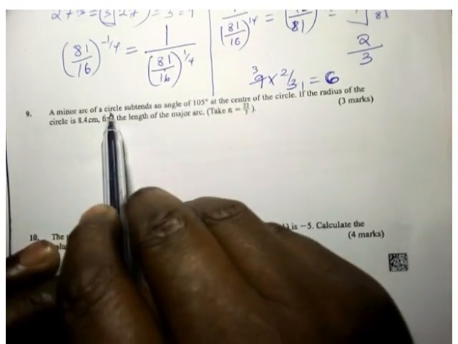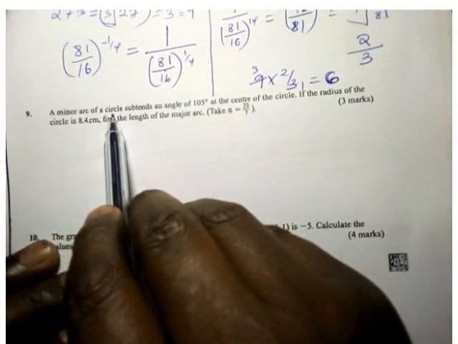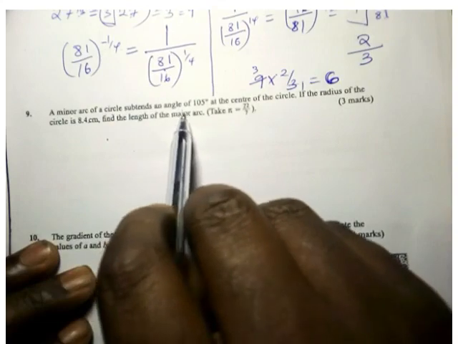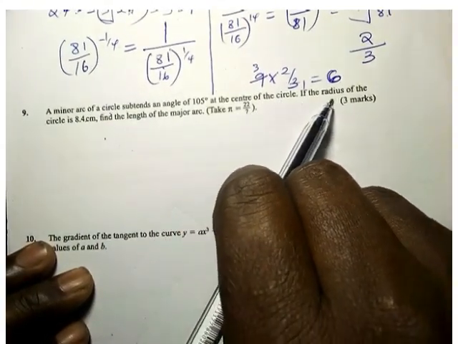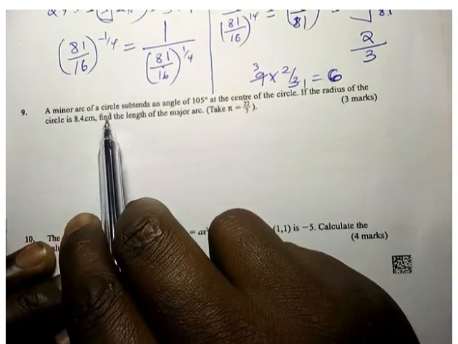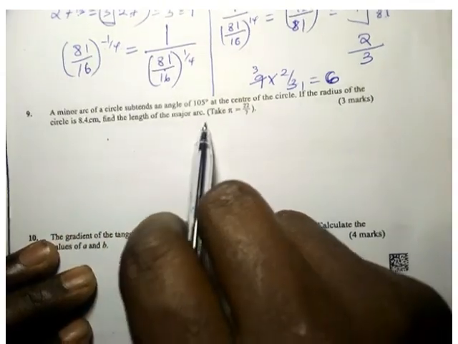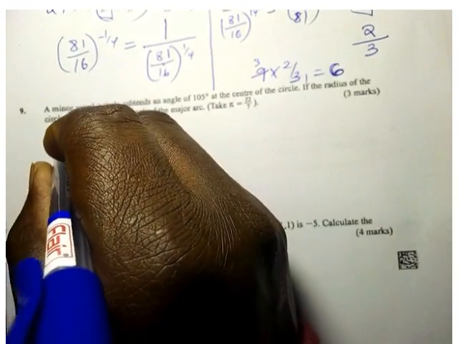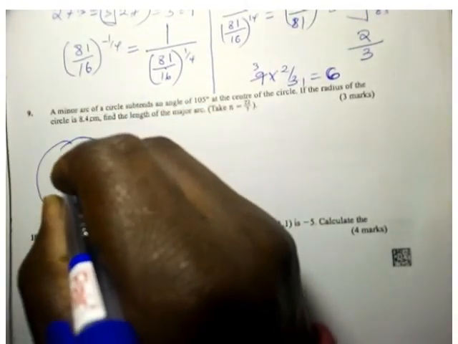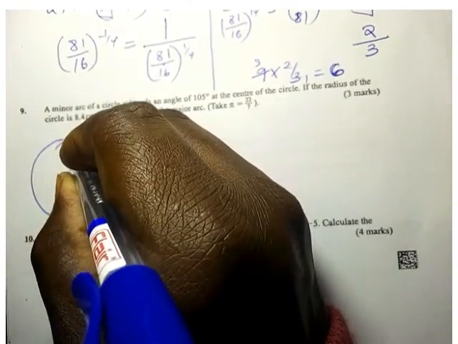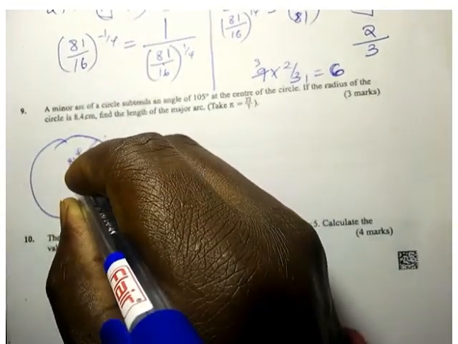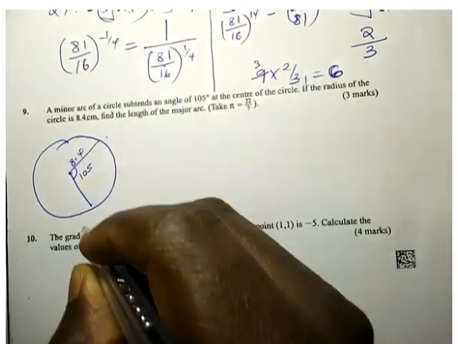A minor arc of a circle subtends an angle of 105 at the center of the circle. If the radius of the circle is 8.4, find the length of the major arc. The radius is 8.4 and this angle here is 105.